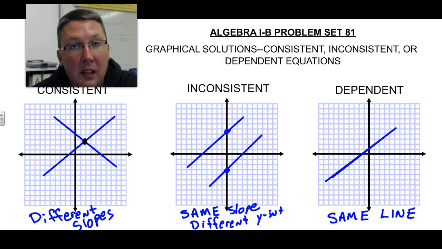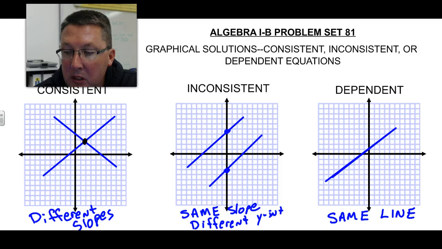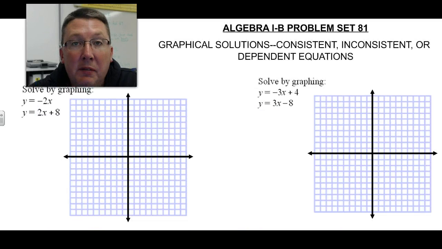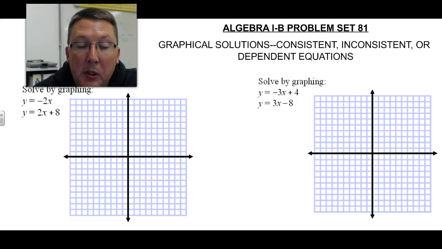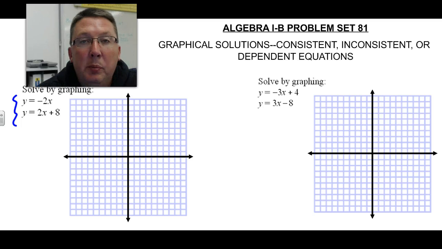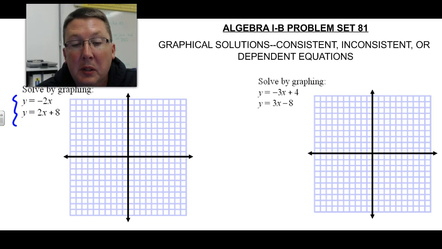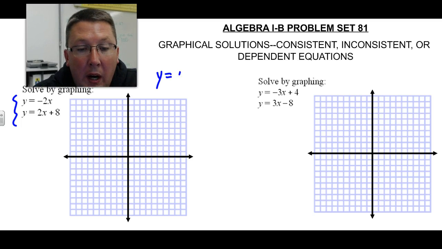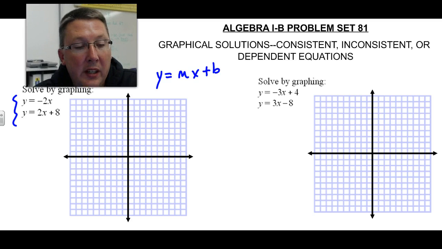So same line. Now, most of the problems that we're going to see, they're going to ask you to solve by graphing. And so we need to put these two lines, here's our system of equations, we need to put these two lines on a graph. To be able to graph them, remember, you need y equals mx plus b. So step one is both equations need to be solved for y.